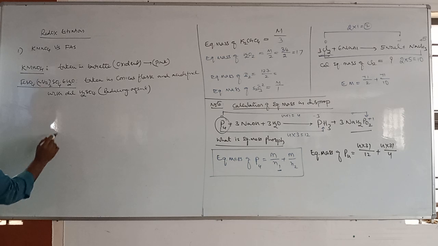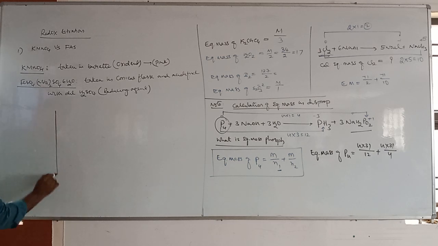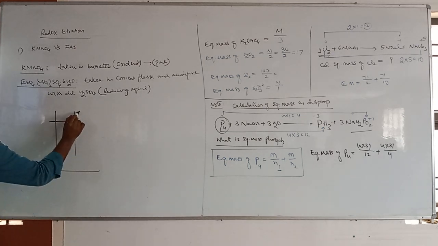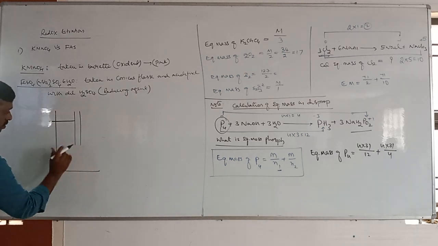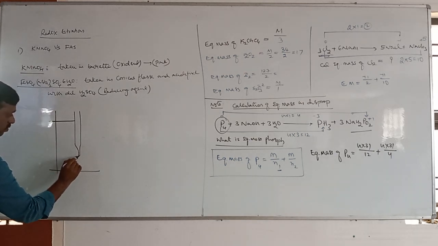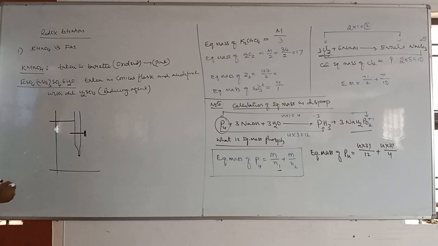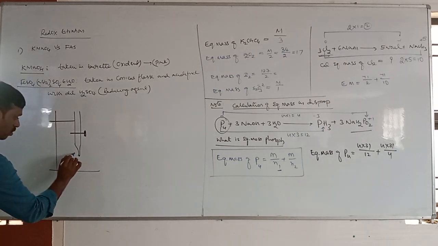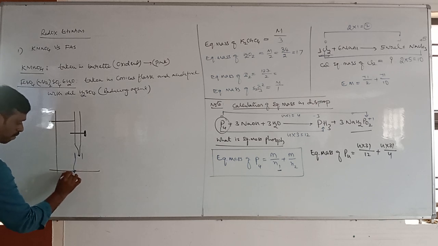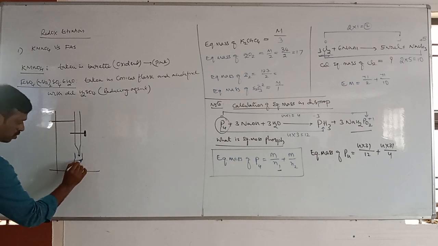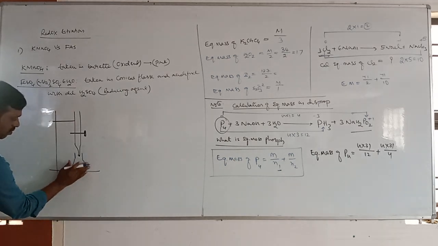In the titration, we know that there is a stand. What is fixed here? Right, a burette. You take a rough diagram also.